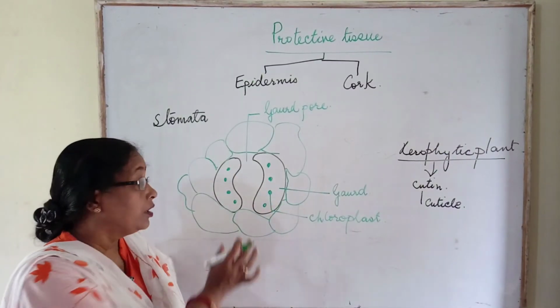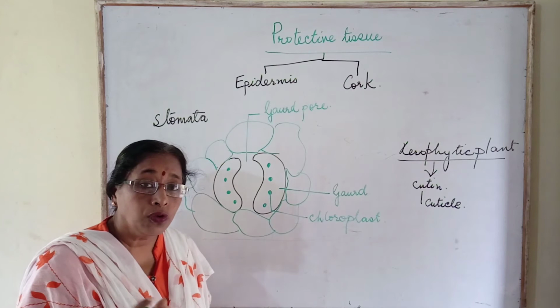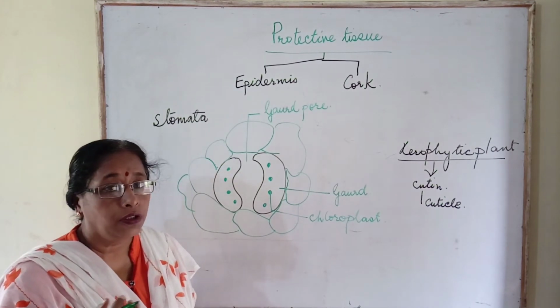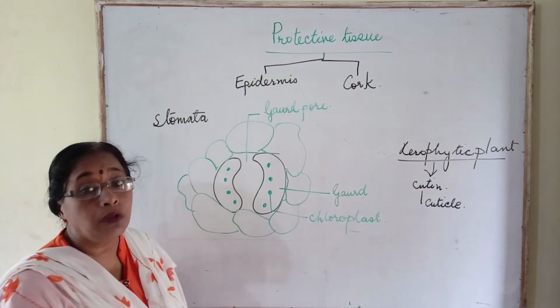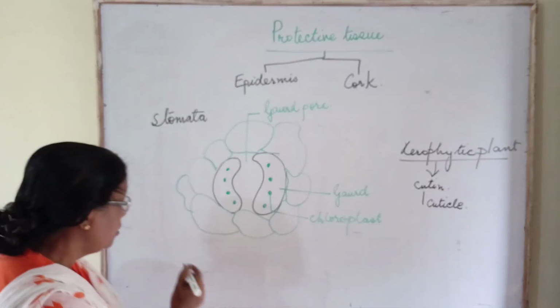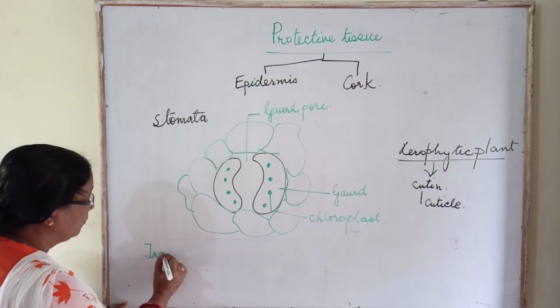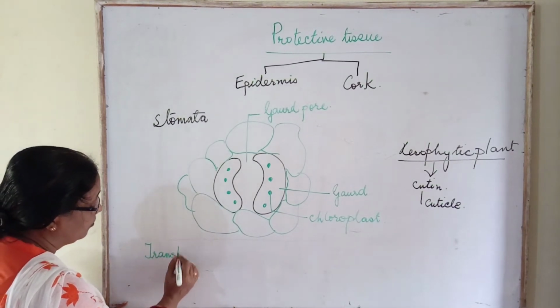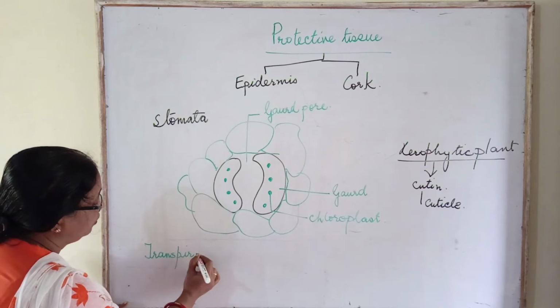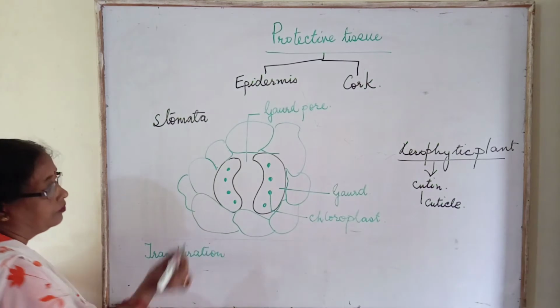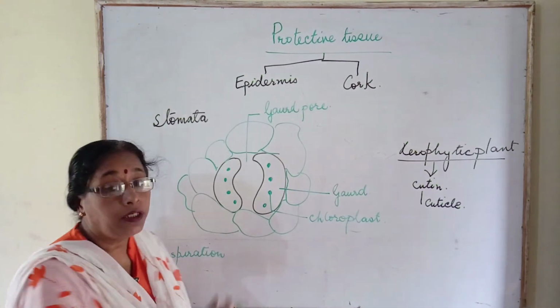The function of the guard cells is to remove the excess water from the plant. The whole process of removal of excess water by the plant is known as transpiration, and this is done by stomata.